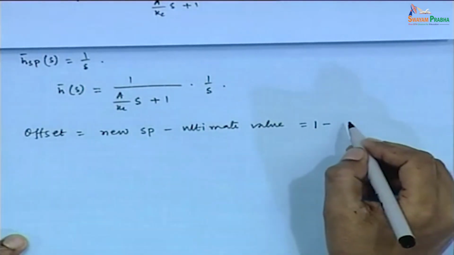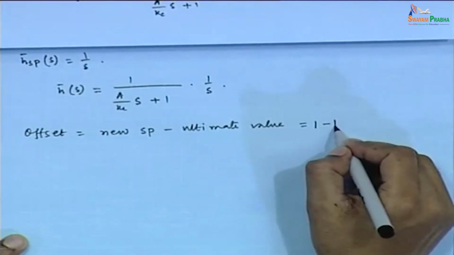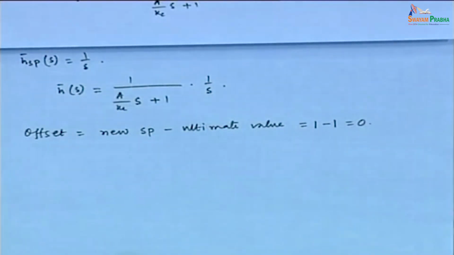The ultimate value we can find by the application of the final value theorem, that is also 1. So, offset becomes 0. Fine. So, it is very interesting that for an integrating process, the P only controller provides an offset free response.